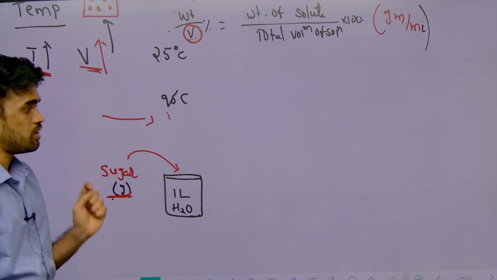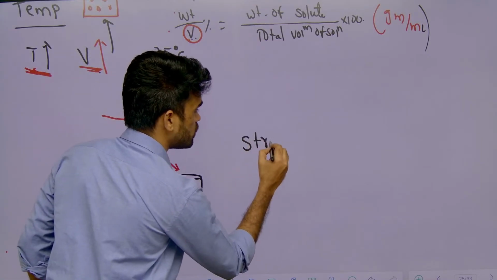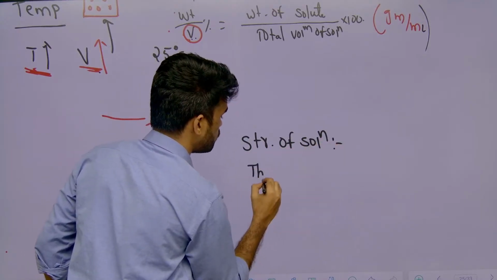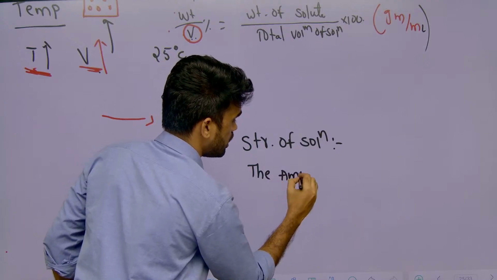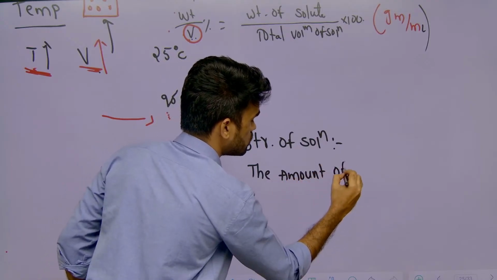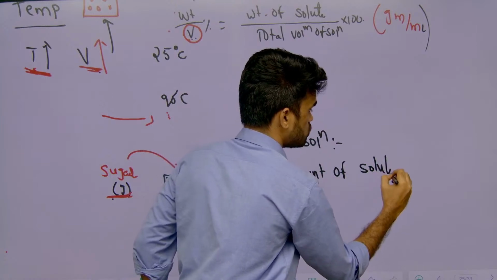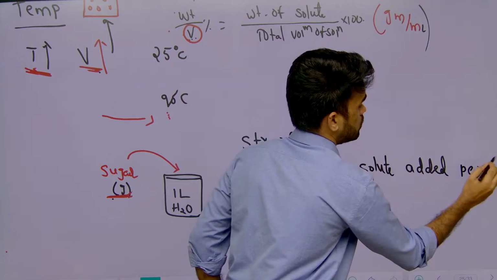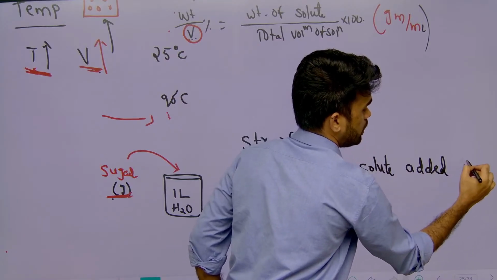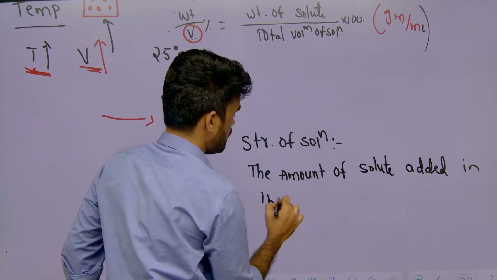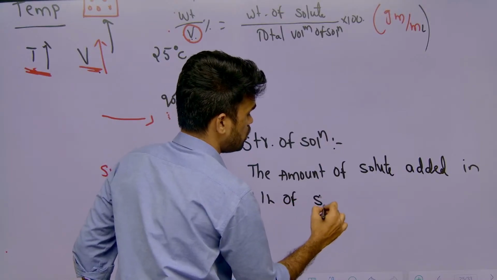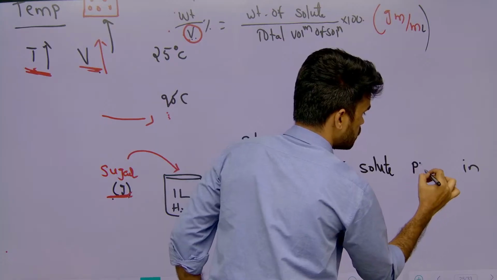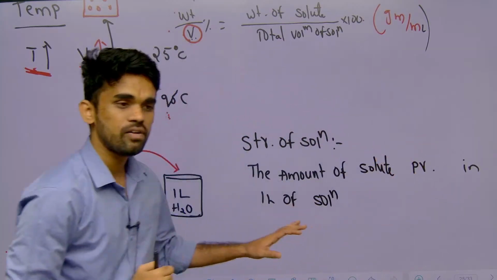What is it called? Strength of solution. So what is the definition of strength of solution? The amount of solute added in 1 liter of solution, or amount of solute present in 1 liter of solution.